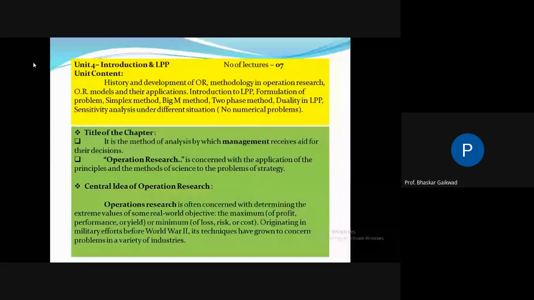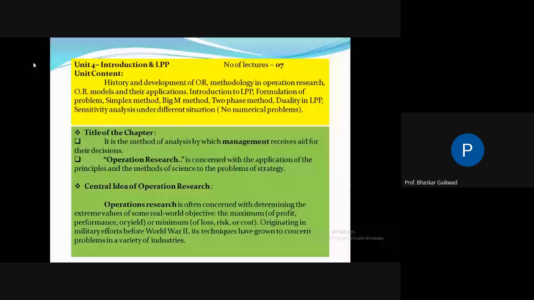After that, in 1948, the English people formed clubs. In 1952, the Operation Research Society was formed by America. In 1953, there was the Institute of Management, and after 1953 the concept of OR was used in industry to solve problems and to take decisions at the management level. So this is our history and development of OR.